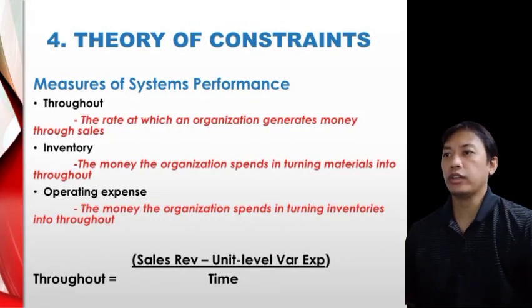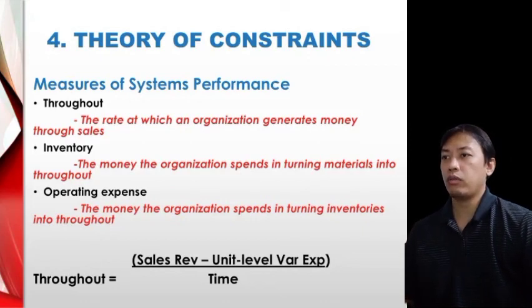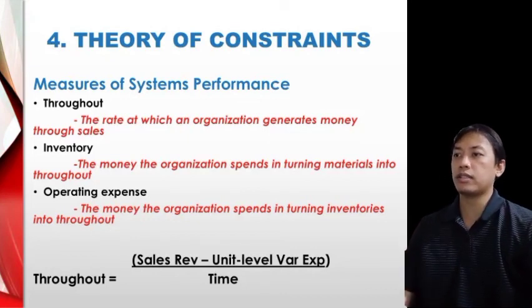So number 4, the theory of constraints, the measures of system performance. There are things that we're going to measure, which are throughput, inventory, and operating expense. Throughput is the rate at which an organization generates money through sales.